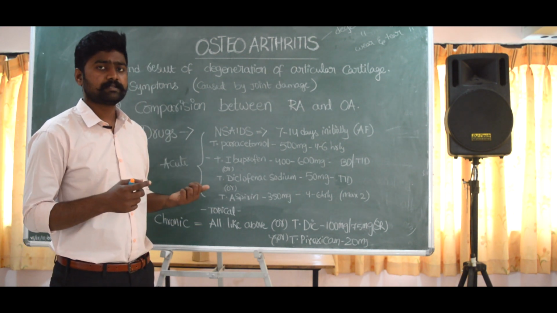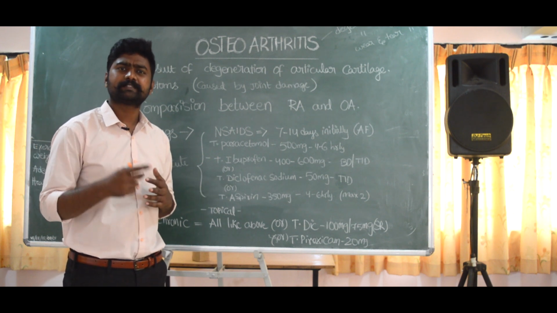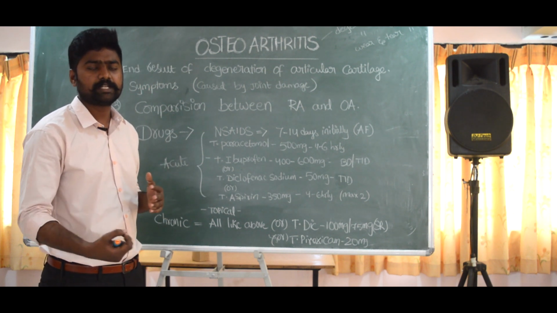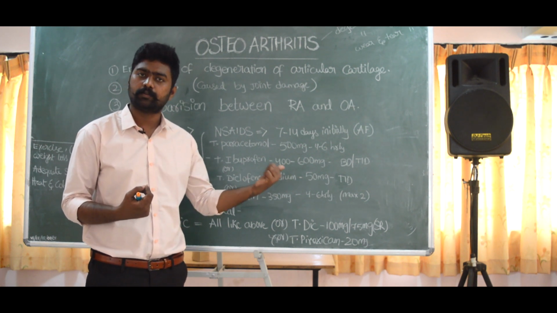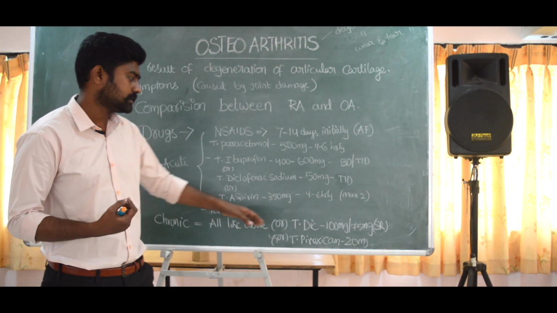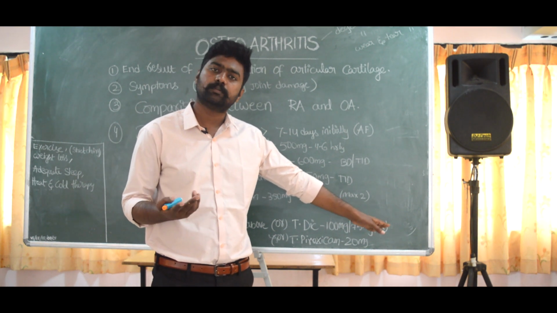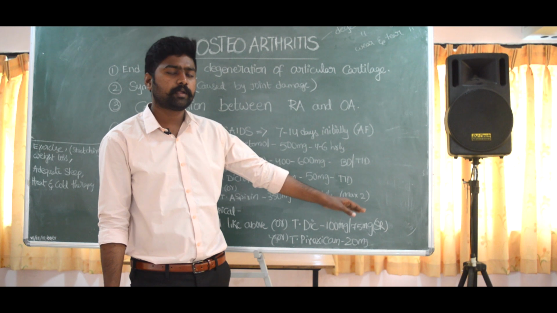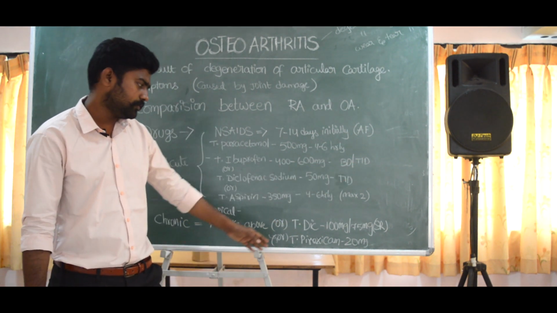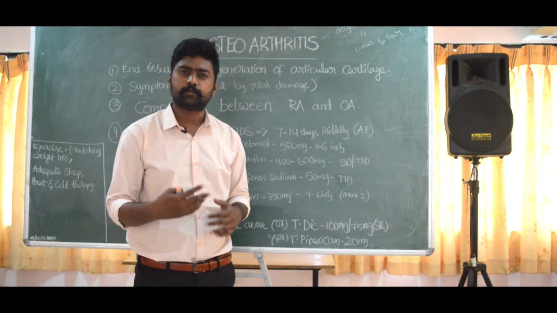For chronic disease, we have to use sustained release diclofenac sodium. It will be pretty helpful if you use tablet diclofenac sodium, okay, at a dose of around 75 mg to 100 mg, again up to the physician's choice. Or you can use tablet piroxicam at a dose of 20 mg. Again, it's up to the physician's choice.